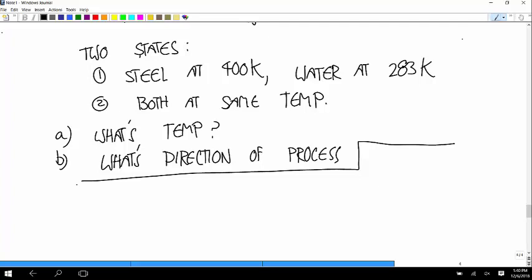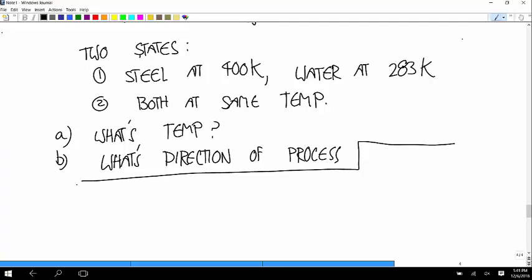Intuitively, this is a pretty simple process. We're not dealing with work or anything, so we're pretty used to thinking of things like this. Which one is going to happen first? They're going to have different temperatures at the start, and then slowly it's going to turn into equilibrium. You never put two things at the same temperature together and then take one out and it's hot and the other thing's cold. Really, that's because of the Clausius statement.